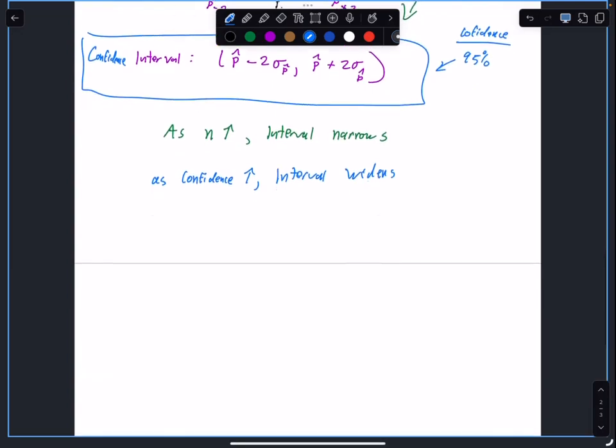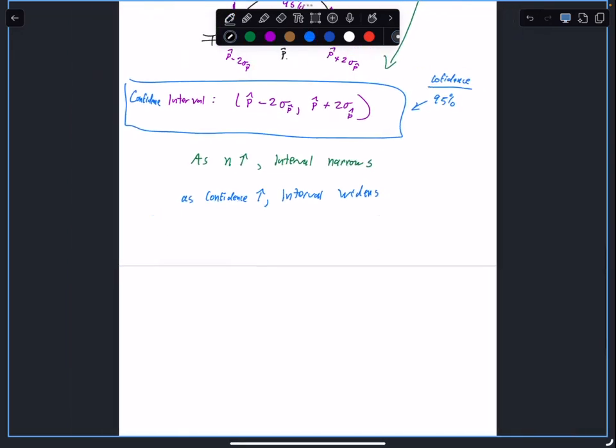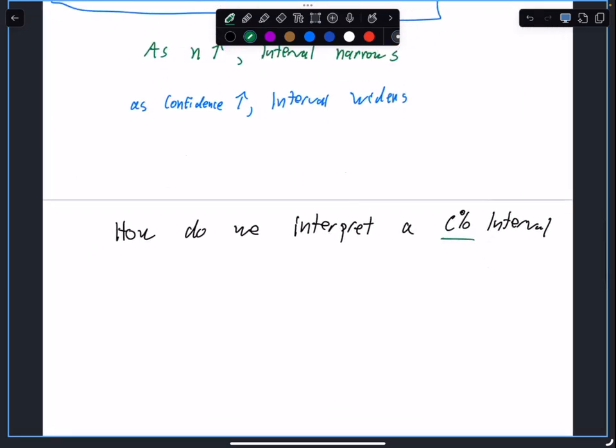Okay. Last thing. How do we interpret a C% interval? Notice I said C% because right now we're doing 95, so that C would be 95.